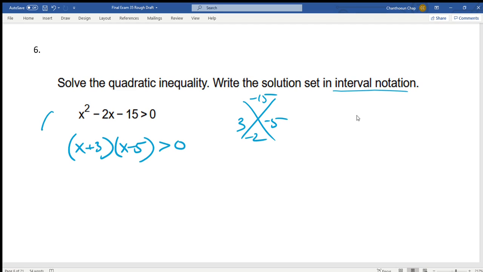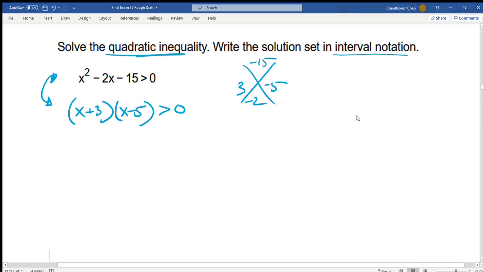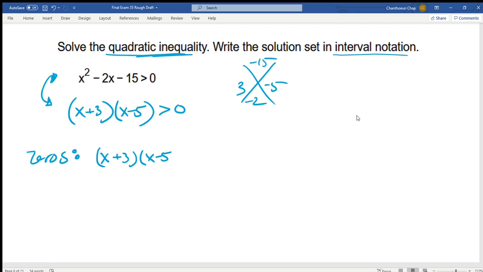So these two equations or inequalities are the same. Now for a quadratic inequality, we always start by looking for zeros. Let's set x plus 3 times x minus 5 equal to 0 to figure out where it touches the x-intercepts. So we have x equals negative 3 or x equals positive 5.